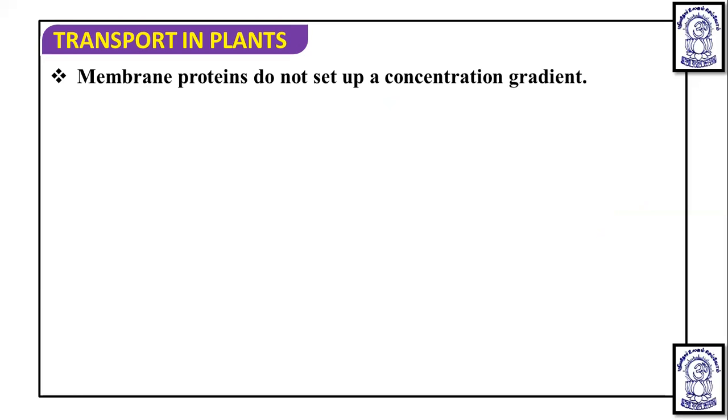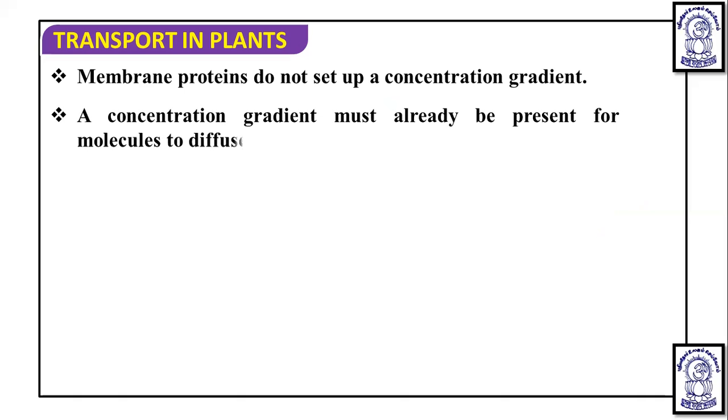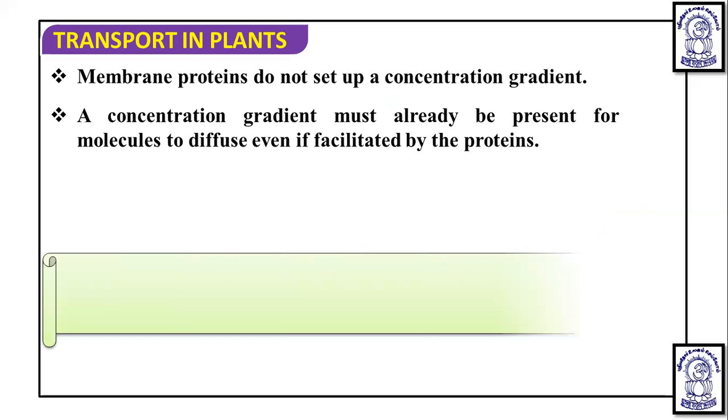The concentration gradient should already be present, only then will the transport take place. So a concentration gradient must already be present for a molecule to diffuse, even if facilitated by the proteins.